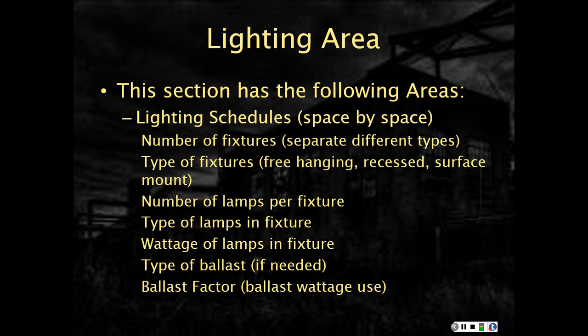In other words, how much is the ballast wattage going to add to the overall wattage of the light? It's usually specified as some sort of multiplication factor or adjustment factor. Most of the time it's greater than 1. Some of the newer electronic ballasts are actually less than 1. They'll actually reduce the wattage of the overall lamp.